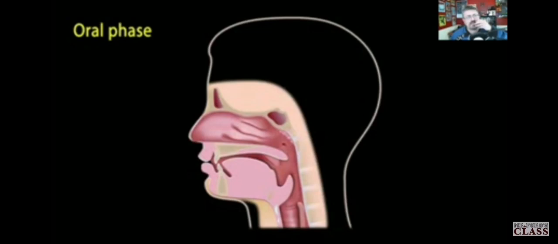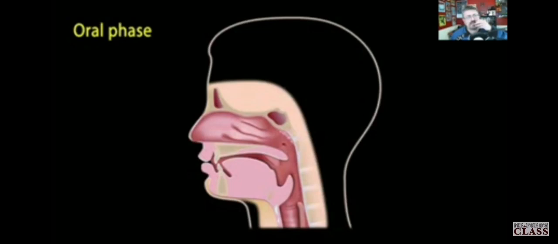Just try to swallow. Just do the action of swallowing, and then you can feel something is choking. There is a kind of choking feeling you can get at the junction of the neck with the throat. Sorry, neck with your head.